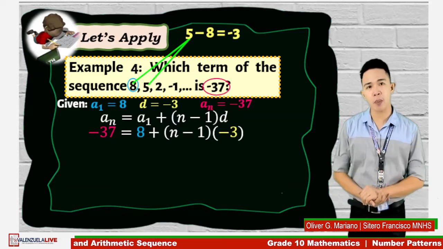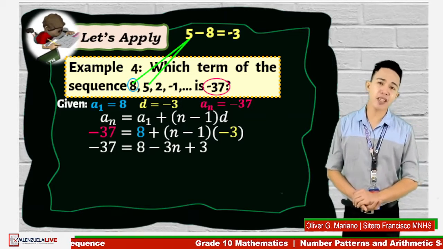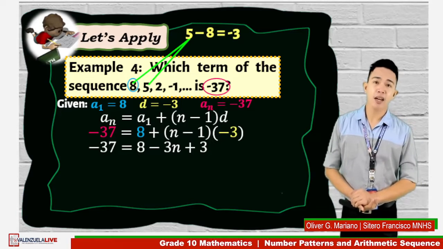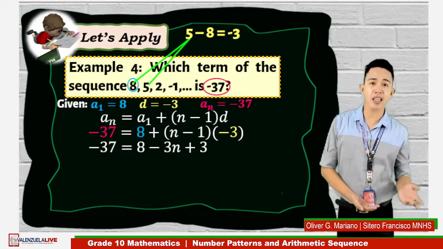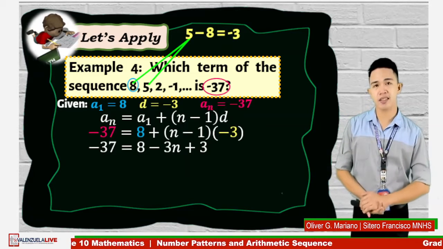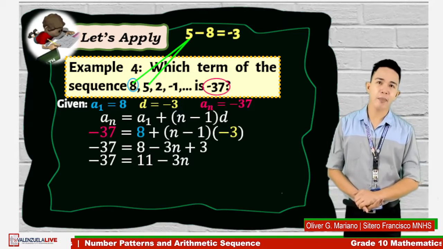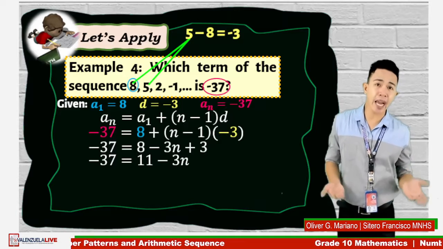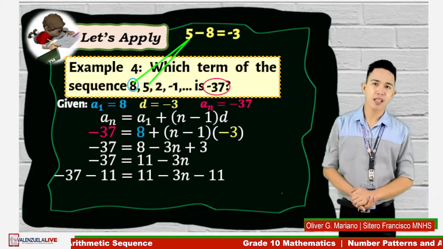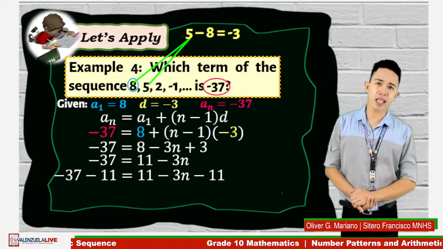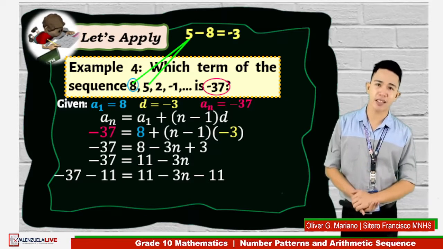Applying the distributive property of equality results in negative 37 is equal to 8 minus 3n plus 3. Adding 8 and 3 yields negative 37 is equal to 11 minus 3n. By applying the addition property of equality, we have negative 37 minus 11 is equal to 11 minus 3n minus 11.